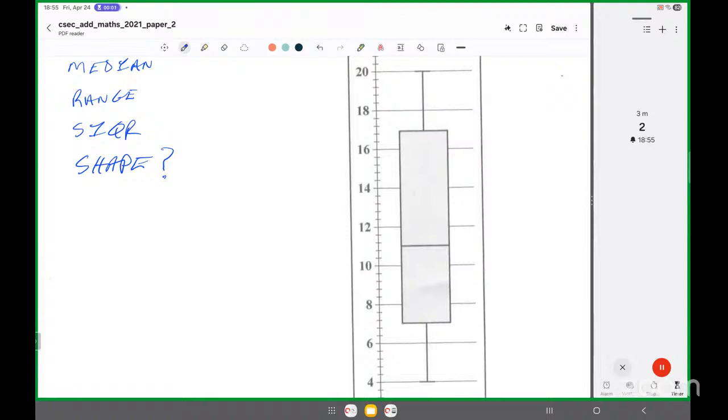Comment on the shape too. The semi-interquartile range is half of the interquartile range. Semi in maths means half, like semicircle means half of a circle. So the semi-interquartile range is half of the interquartile range.